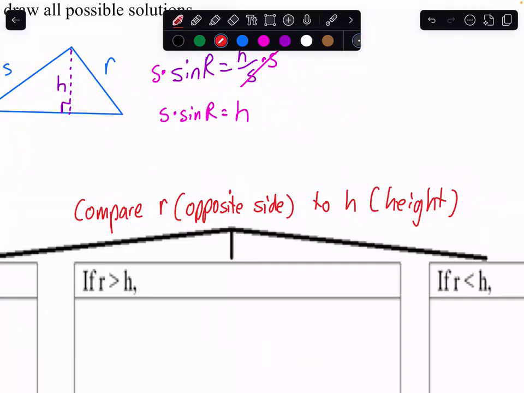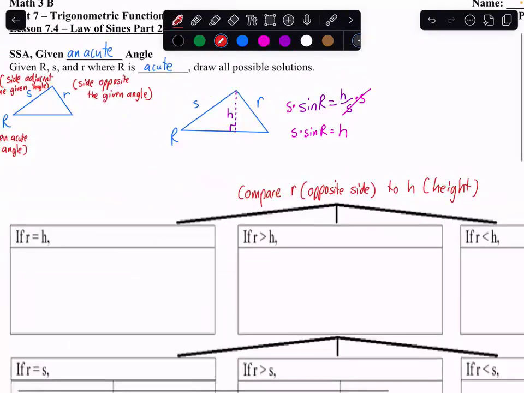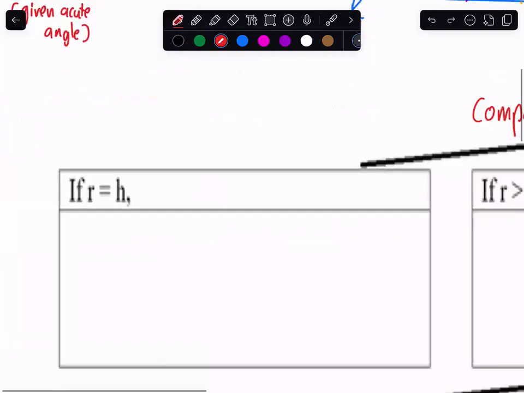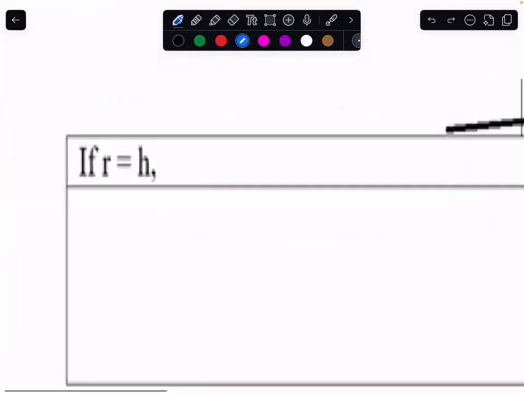We talked about how for SSS, there's only one possible triangle, but for SSA, we'll see what happens. So when you compare two numbers, the opposite side length and the height, three things can happen. The first possibility is what if they are exactly equal? Let's draw the situation. Let's start with the point R in the bottom left corner.